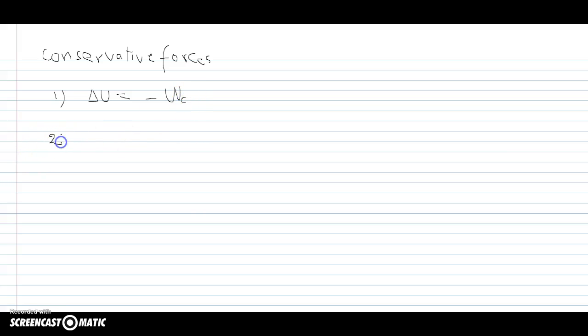Number 2, these forces are path independent. So what does this mean? If this is the starting point A and this is the end point B of any given process, I can go from A to B through this path.